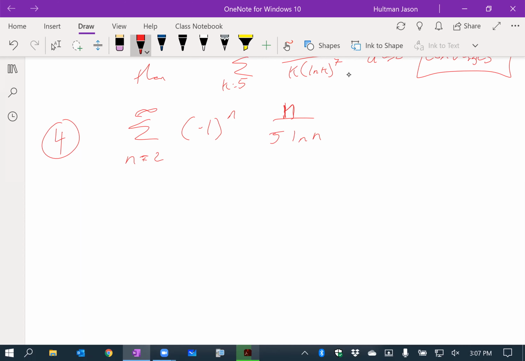How can I look at this right here and see that the terms are going to get bigger? Any ideas? How do I know that the terms are not decreasing? Because n is greater than natural log n. Yeah, exactly.